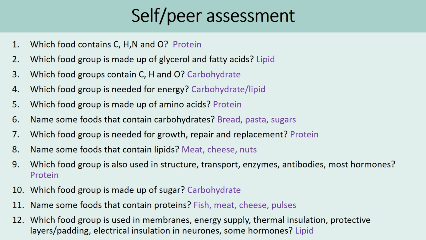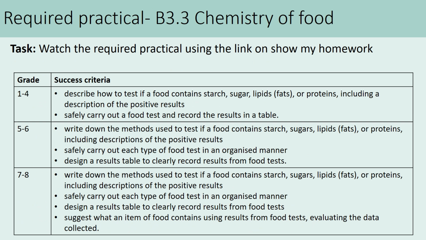You need to know the test for lipids, and you need to know the test for proteins. Now, I have put in the show my homework a link to Miss Moore, who goes through these food tests. But what you need to know is on this slide.